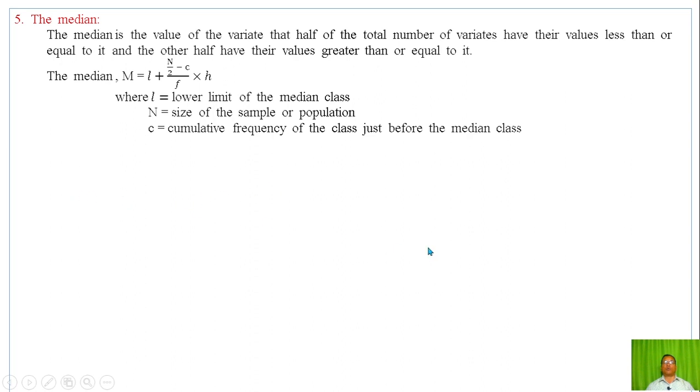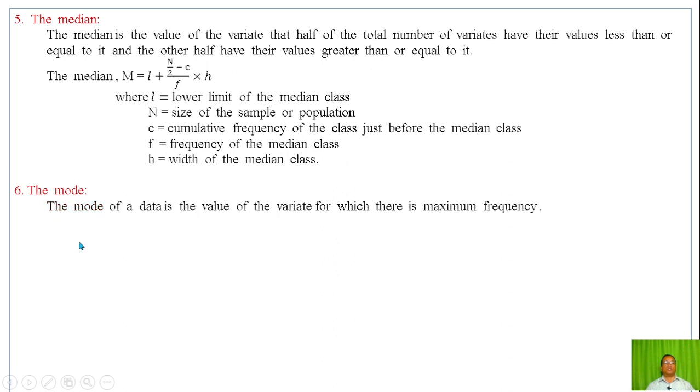Then f is the frequency of the median class. And h is the width of the median class, that is, upper limit minus lower limit of the median class.